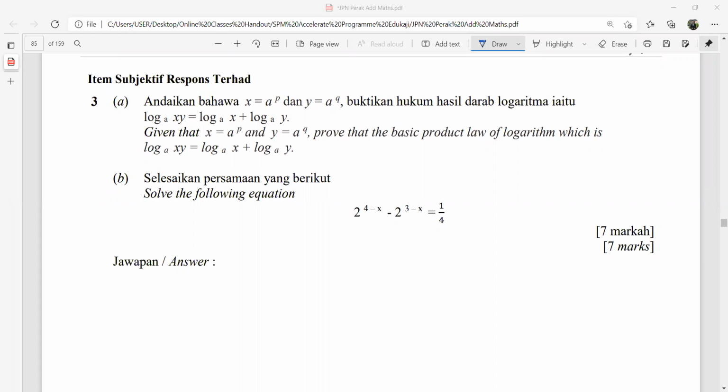Can do the question? Can this question be solved or not? Hopefully, you can do it easily, yeah?